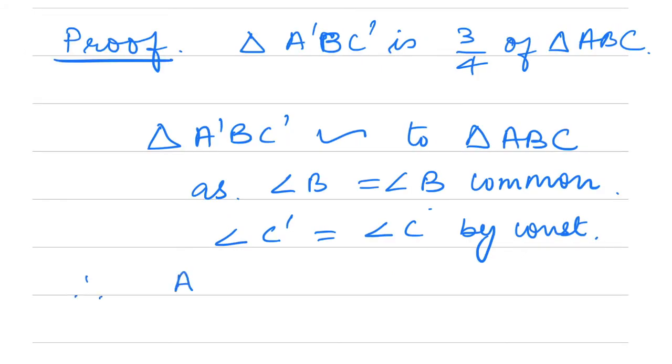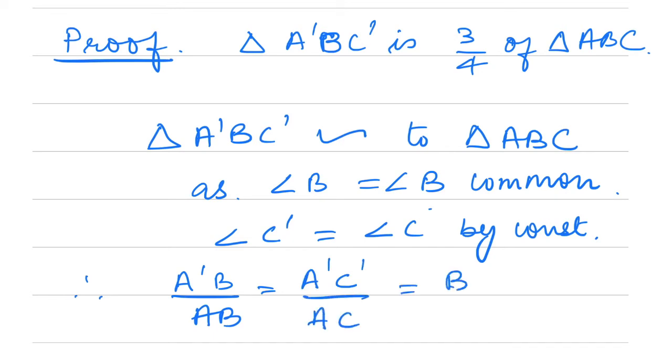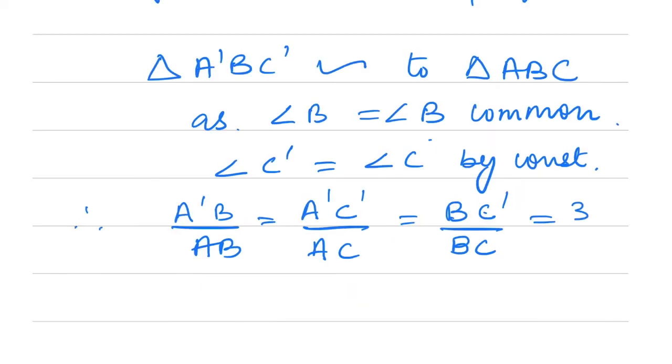Therefore, A dash B by AB is equal to A dash C dash by AC is equal to BC dash by BC is equal to 3 by 4. Hence proved.